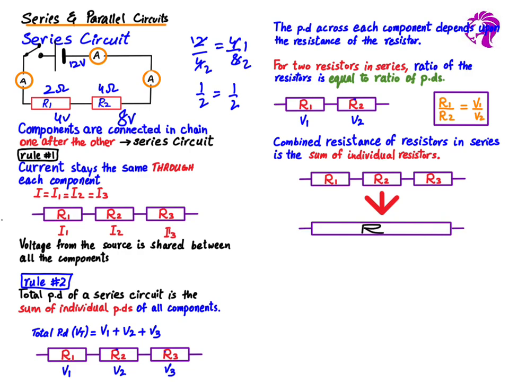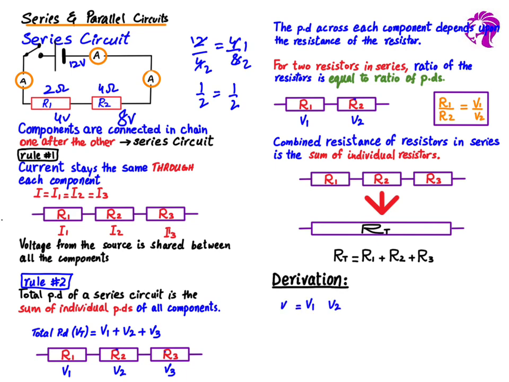So that means resistance in series would be equal to what? The sum of individual resistances. Combined resistance, total resistance in series would be equal to the sum of individual resistances, right?